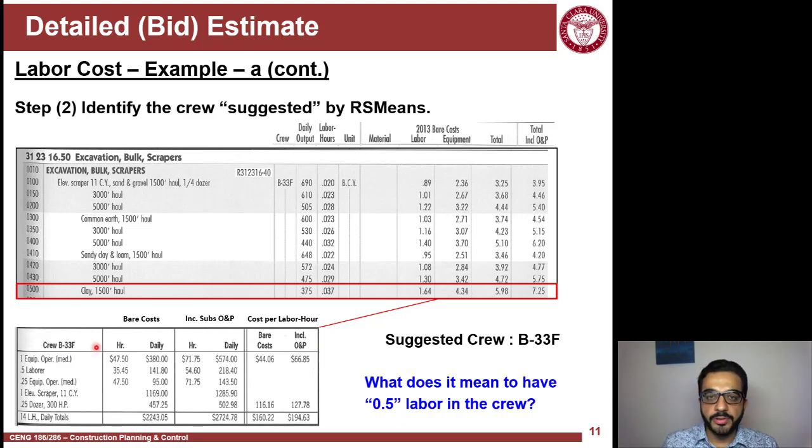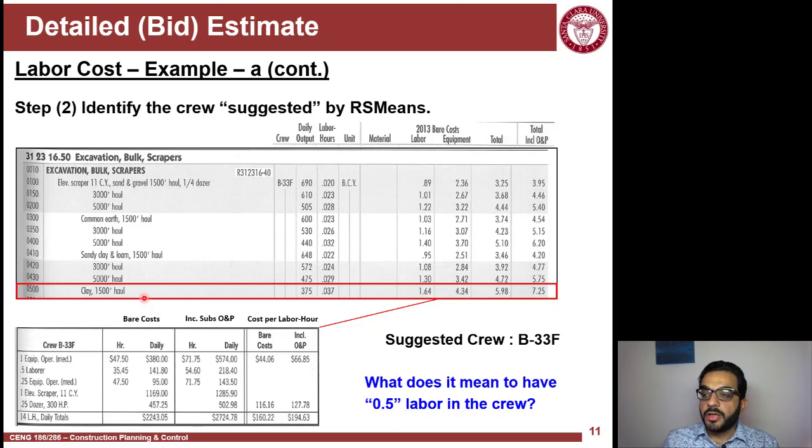So B33F, that's the crew, and it's made up of one equipment operator, medium-sized equipment, 0.5 laborers, so we'll talk about what that means, 0.25 equipment operator, one elevated scraper, remember, the excavation here is done by scrapers, and then 0.25 dozer. So the quarter here means that it's a quarter of a dozer.